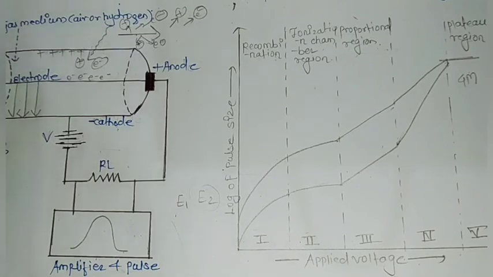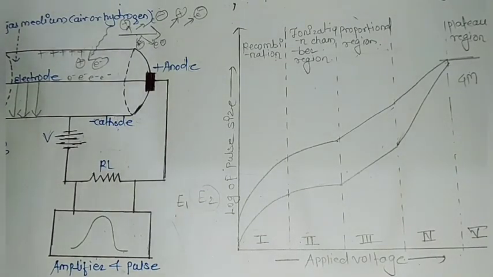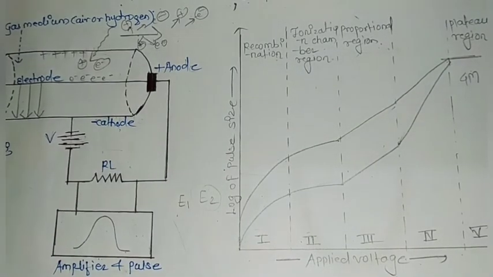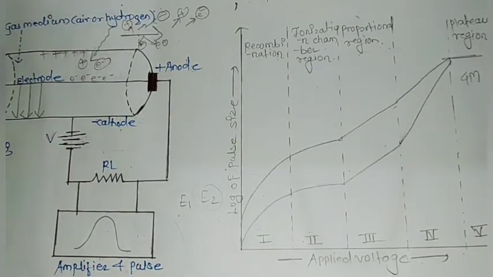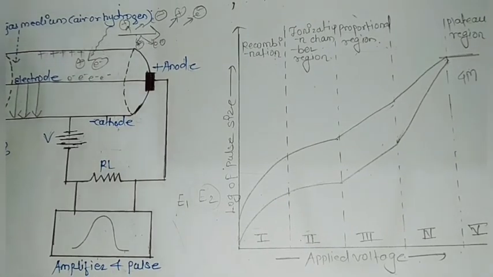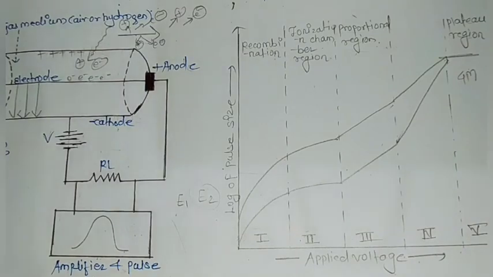GM counters cannot distinguish between the energy of different particles, but they are very good at counting the number of particles which enter a particular nuclear detector. Beyond this region we do not want to go, because a further increase in the voltage basically leads to a situation where even the absence of any nuclear particle will lead to electronic discharge, which is not favorable at all.